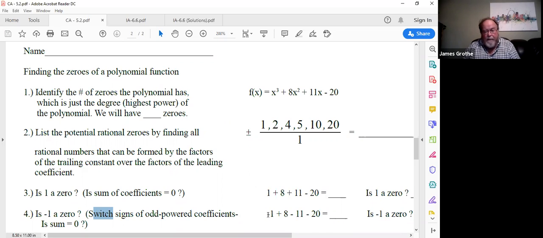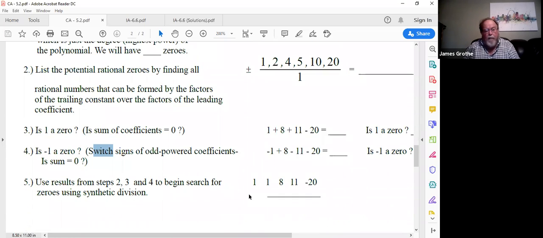And on the negative side of things, I've got negative 1. I put positive 8, that's a sign change. Positive 8 to a negative 11, that's a sign change. So there are 2 sign changes there. Tells me there are going to be 2 negative real zeros, or you might remember there could be none as we count down by 2. So 2 or 0 negative real zeros.